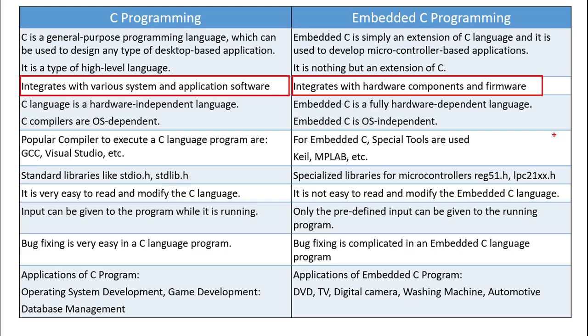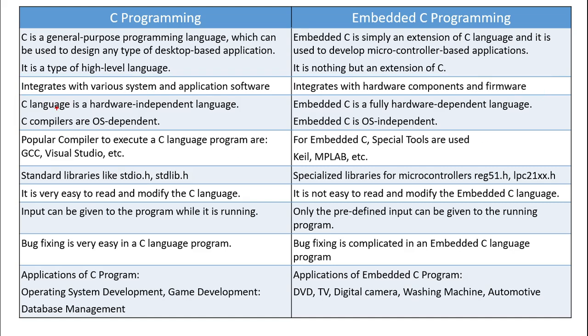Firmware is nothing but coding again, so it's software. Embedded C gets integrated with hardware and firmware both. C programming is purely application and various system software, and embedded C programming is hardware components and firmware.